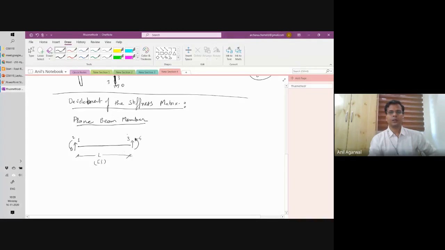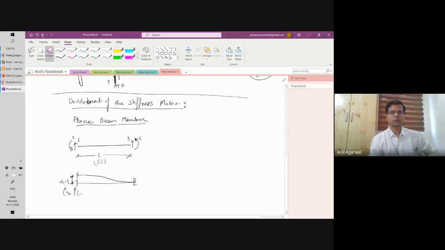Now, what do we want to do? We want to know, if we restrain this member completely at both ends, we don't let it move laterally or rotationally, but then we force it to move laterally in the direction of the 1 degree of freedom. By how much? By 1. We make this end move by 1 millimeter, 1 unit. And we want to know how much force will be required. That will be my F11 term.